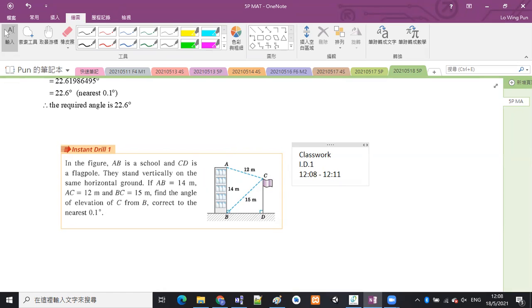You need to locate the required angle first.